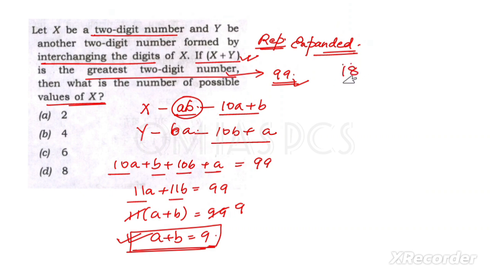Then I keep increasing this value and decreasing the other: 18, a plus b is 9; 27, a plus b 9; 36, again 9; 45, 9; 54, 9; 63, 9; 72, and the final one is 81.